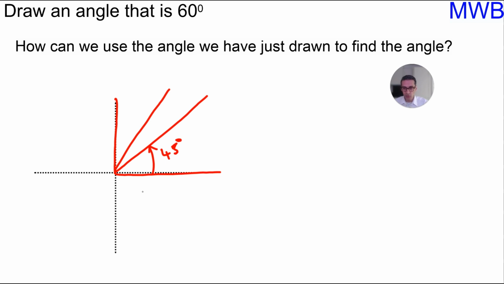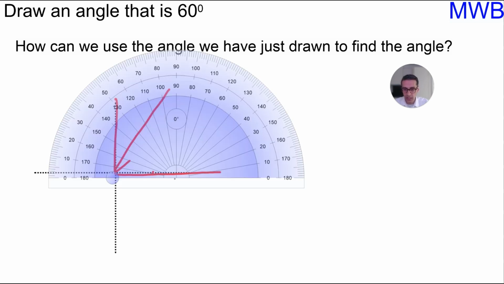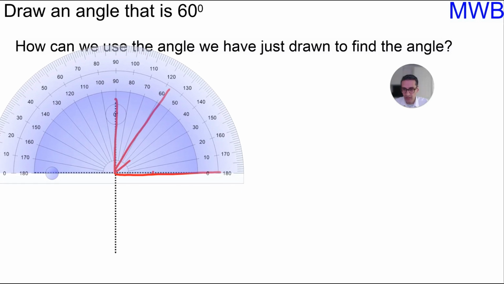So you may not need to draw all of this out, but roughly as a sketch, maybe a 60-degree angle might look like that. And just to show you how accurate that might be, I'm going to get a protractor. I can see it's roughly accurate.